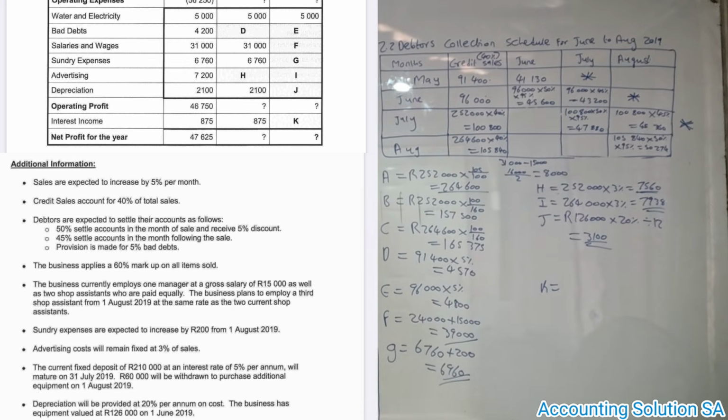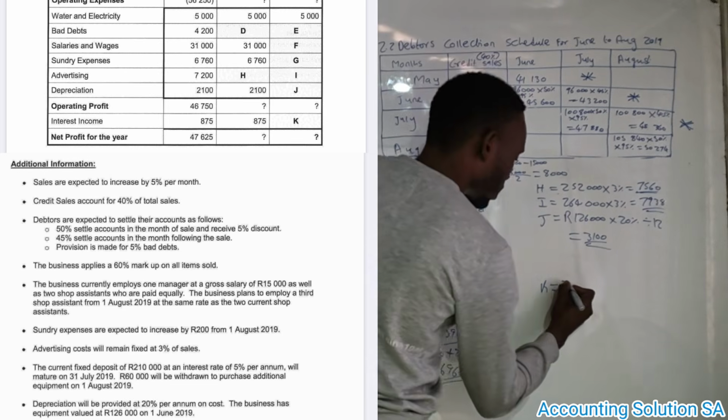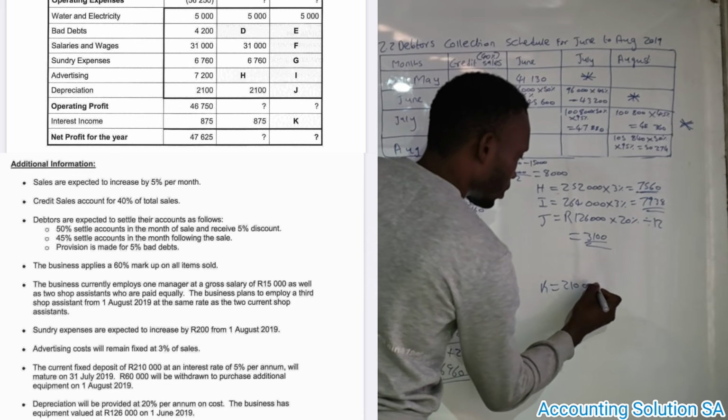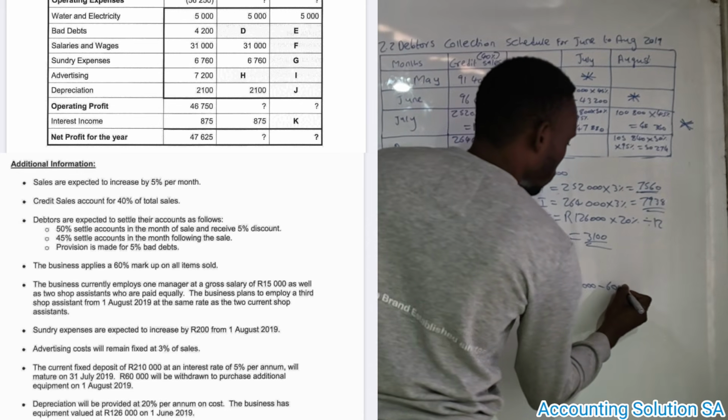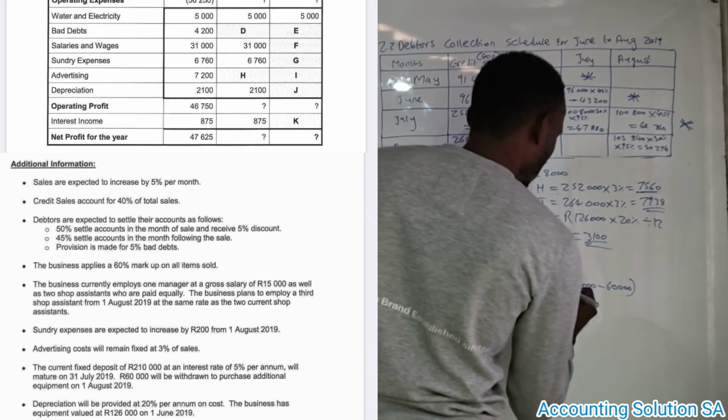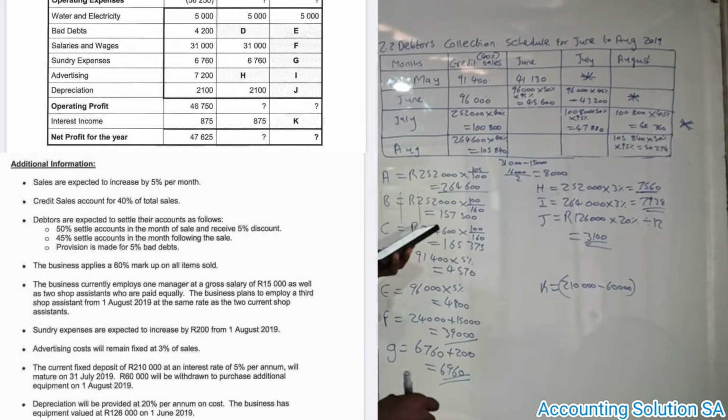Okay, and the last one is interest income, number K. The current fixed deposit of 210,000 at interest of 5% per annum will mature on 31 July 2019. 60,000 will be withdrawn to purchase additional equipment. So when we calculate interest, guys, from 210,000 you must first remove 60,000 because you can't calculate interest on this one, because it has matured.